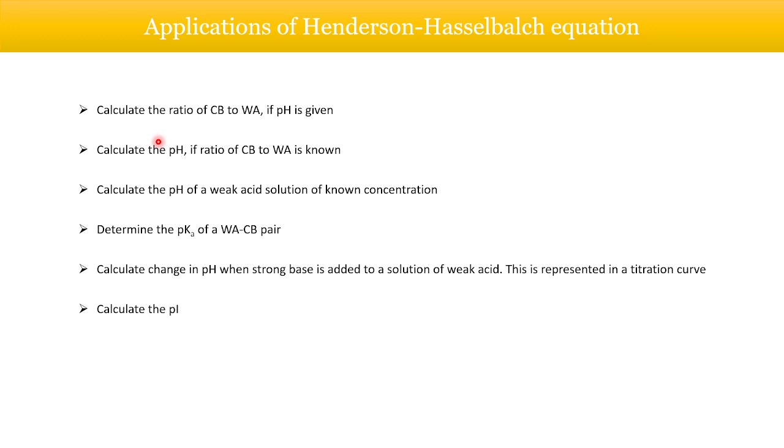Also, what we mostly need to understand is the pI, or the isoelectric point of this amino acid. So all these applications are so important, and therefore the study of the Henderson-Hasselbalch equation has come up. It's a very important equation in terms of buffers, and it would also be important for your assignments and the exams.